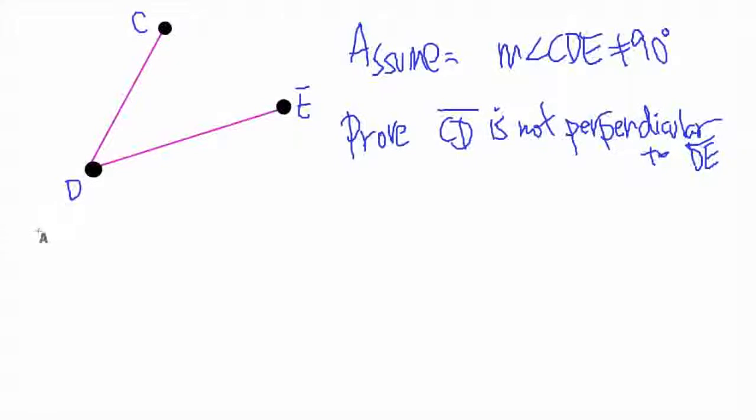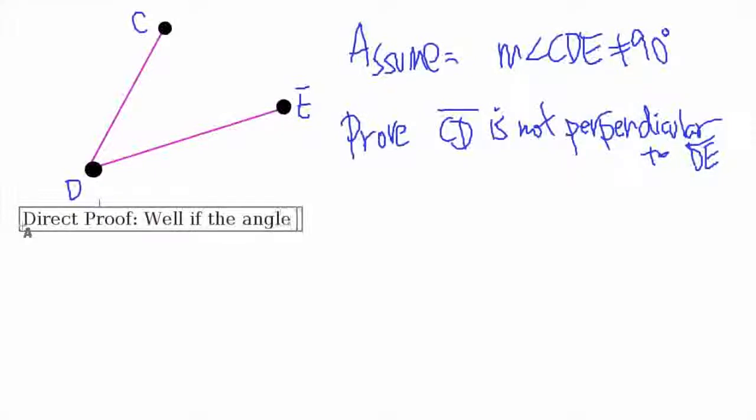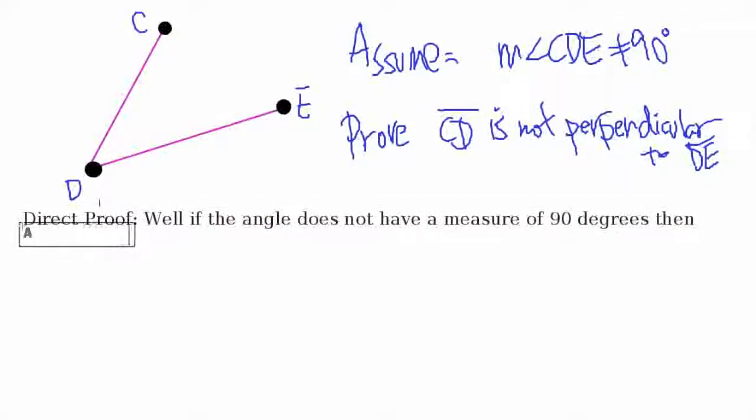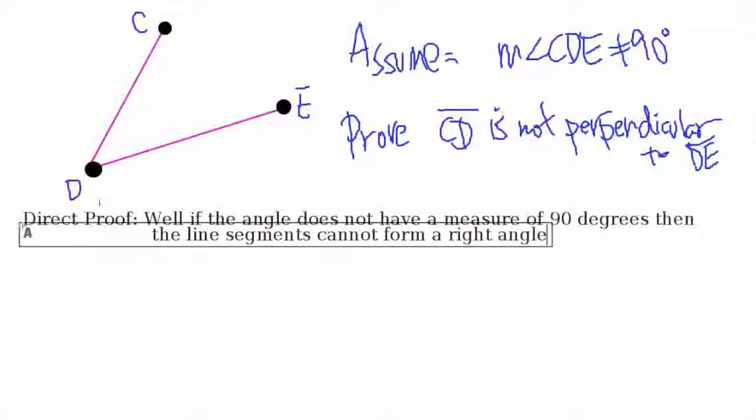Okay, so first I'm going to do a direct proof. Alright, so that we just directly spell it out. So here we go. Well, if the angle does not have a measure of 90 degrees, then the line segments cannot form a right angle.